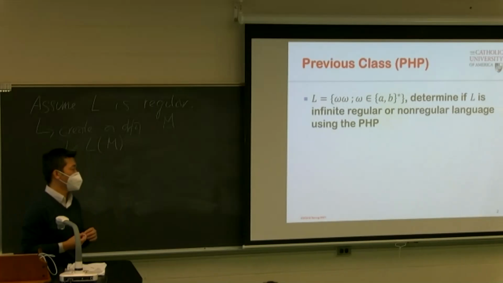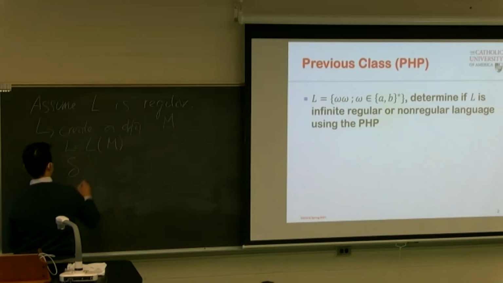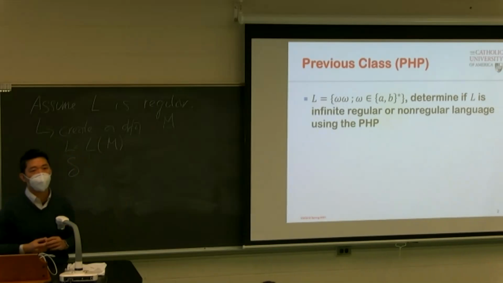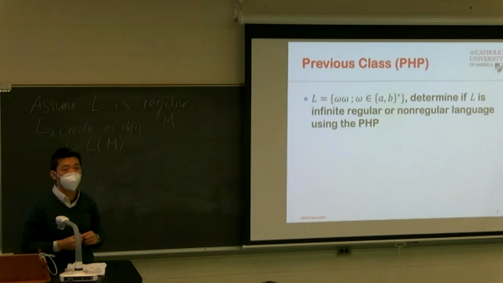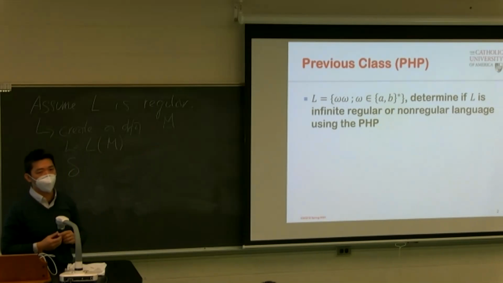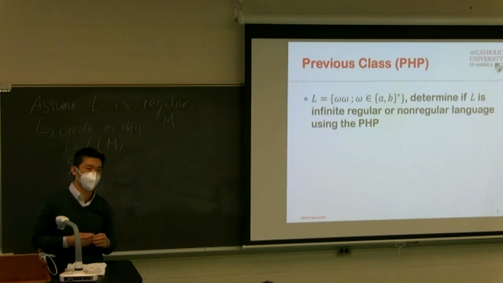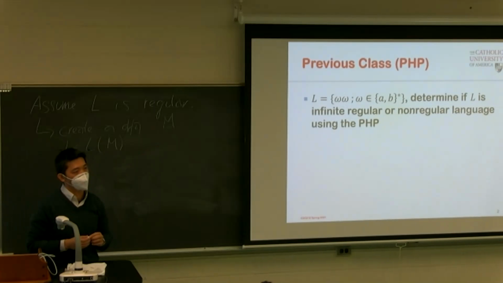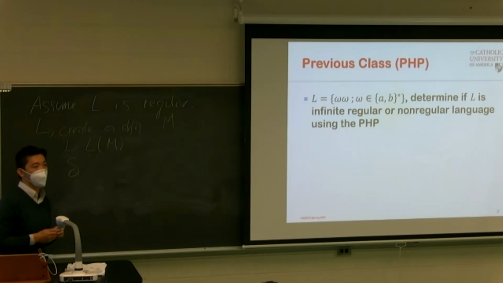Right? To show that this language would be non-regular, the thing is, how do we pick W to use with the transition function? What are some examples of W that we can use to show the contradiction that happens if we assume that M is regular?